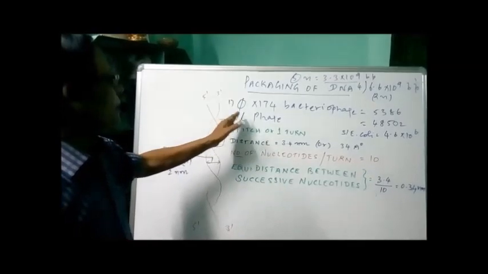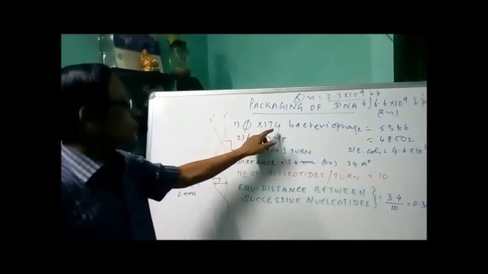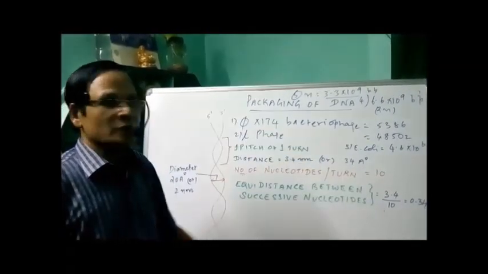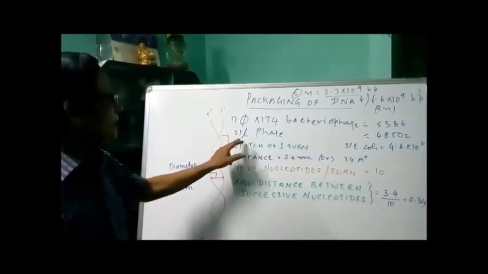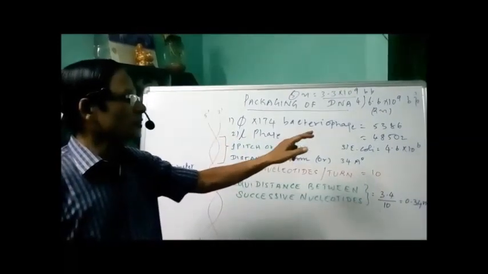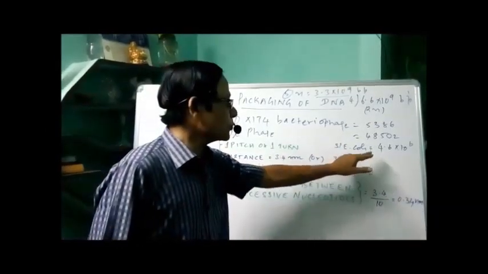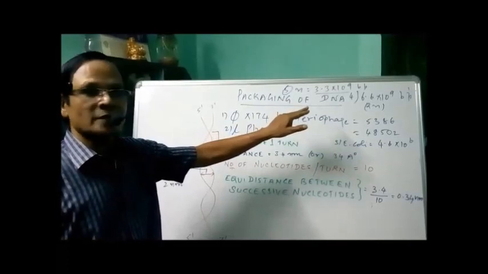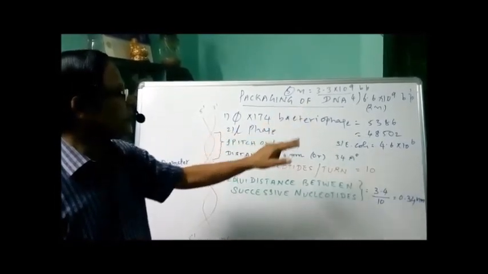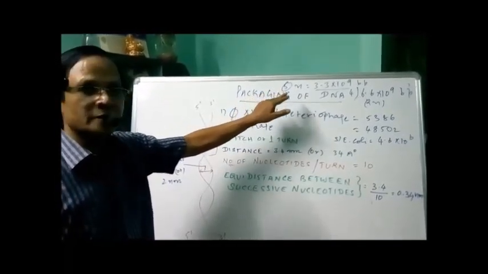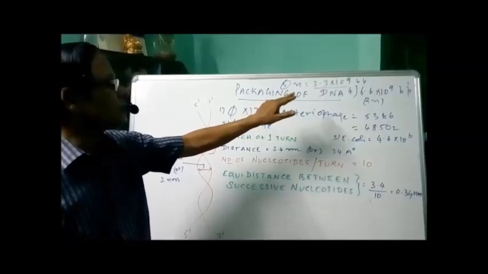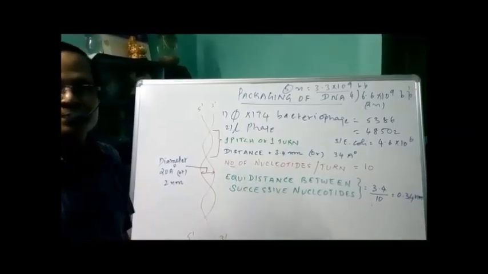For example, phi X 174 bacteriophage, 5386; lambda phage, 48,502 nucleotides; E. coli bacterium, 4.6 into 10 power 6; human diploid cell, 6.6 into 10 power 9; and human haploid cell, 3.3 into 10 power 9 base pairs.